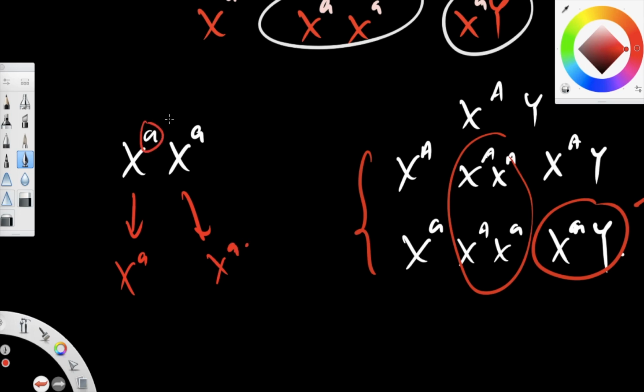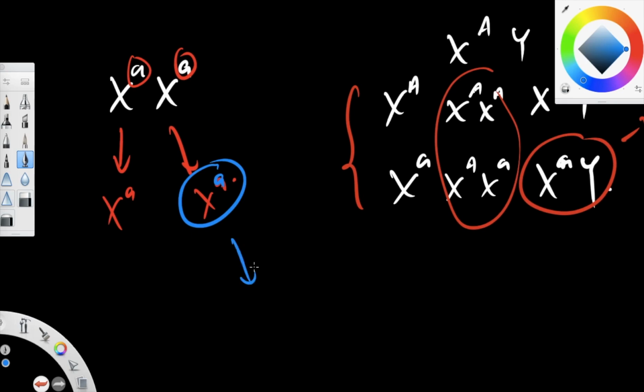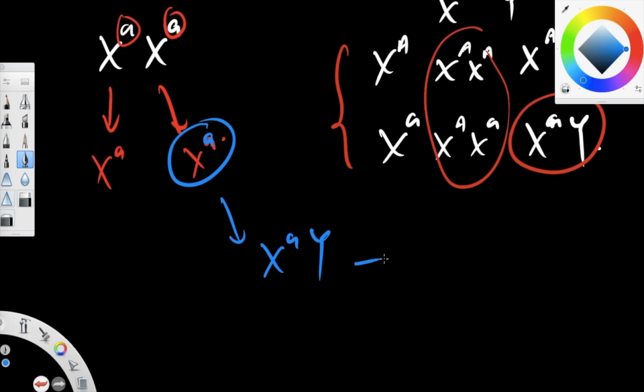In this case, the affected mother has two little a alleles because she cannot have a capital A allele. If she has a capital A allele, she would be unaffected, right? Because we're dealing with X-linked recessive here. And since she inherits one X chromosome from her father and it is little a, her father must have a genotype of X little a Y, and in this case the father would be affected.